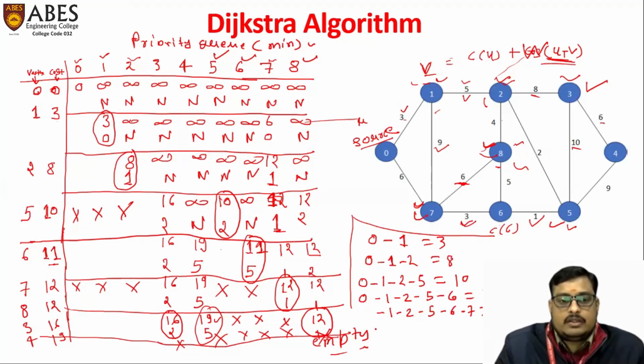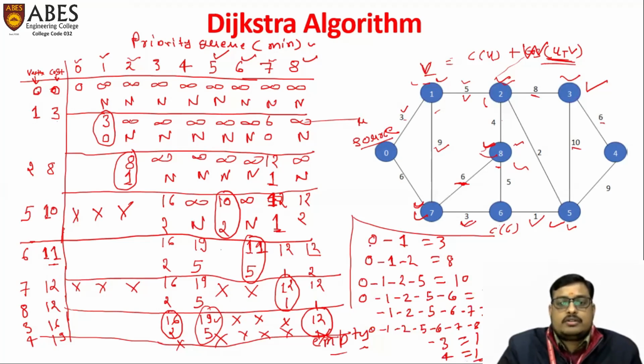And after that we can write 0, 1, 2, 5, 6, 7, 8, and it is 12. Similarly for 0 to 3 we have cost 16, and for 4 we have 19. So this is the cost of all the vertices from 0.